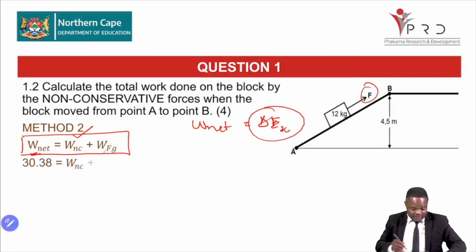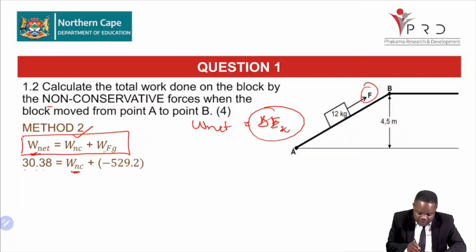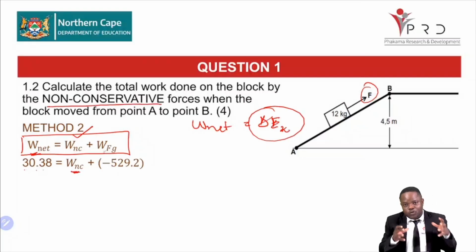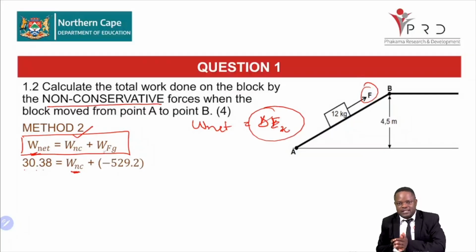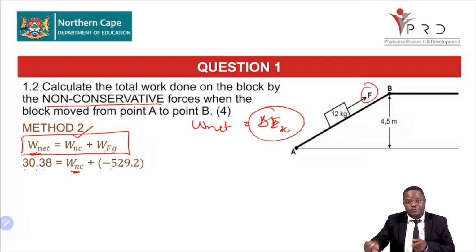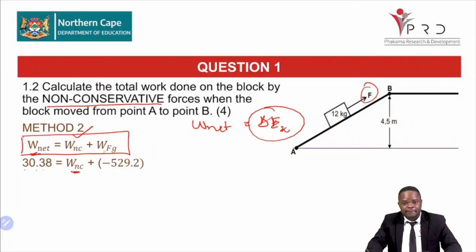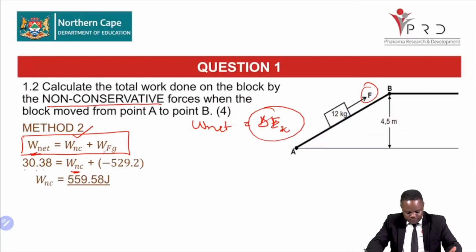And we calculated that to be 30,38 joules. The work done by the non-conservative forces, this is what we want. It contributes to the net work that is done on the object. And then the work done by the weight, we found it to be negative 529,2. And then we solve for the work done by the non-conservative forces there, and we get a value of 559,58.